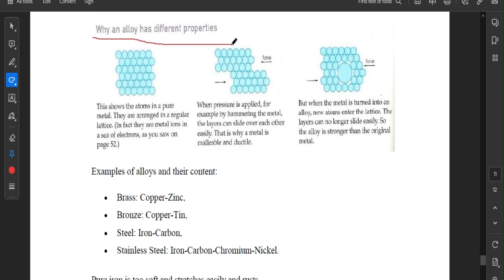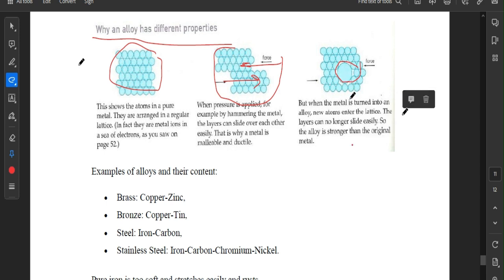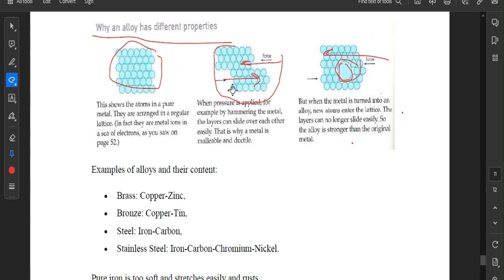The atoms in a pure metal are arranged in a regular lattice. When a force is applied, the layers slide over each other, which is why metals are malleable and ductile. But when new atoms enter the middle of the lattice, the layers can no longer slide easily because the new atoms prevent it.